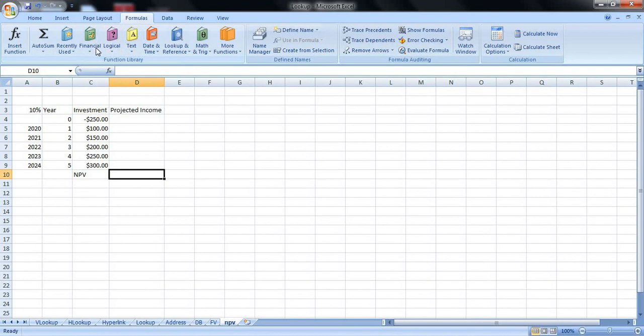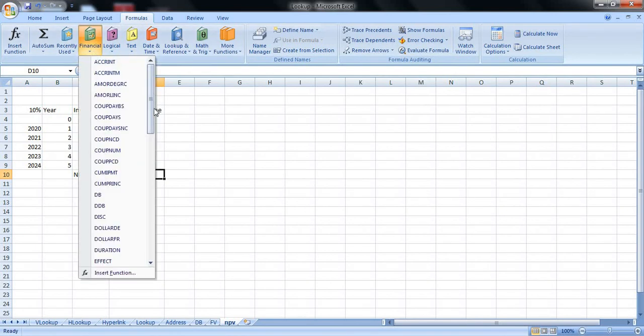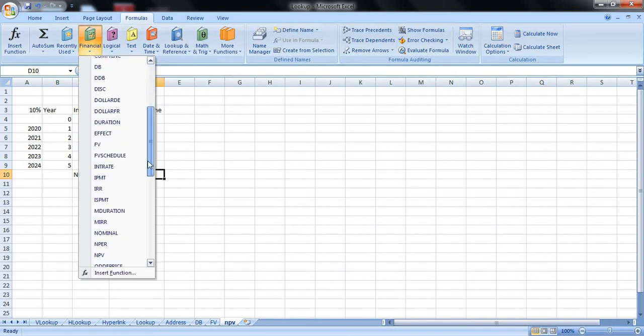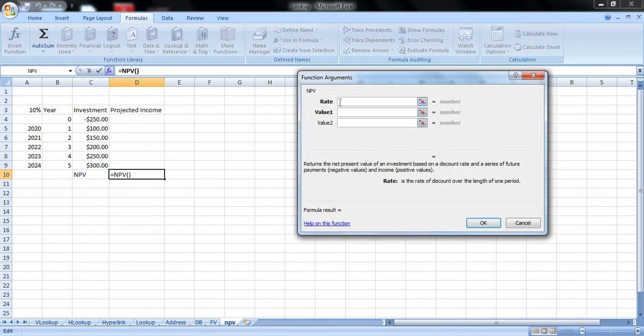So let me go to the financial category and select the function called NPV. The first one we have is rate, which is 10%. I'll be earning at the rate of 10% on this particular investment over 5 years. Value 1 will be this.